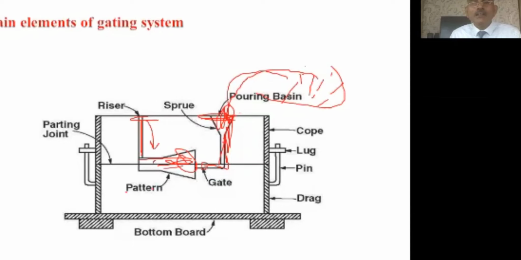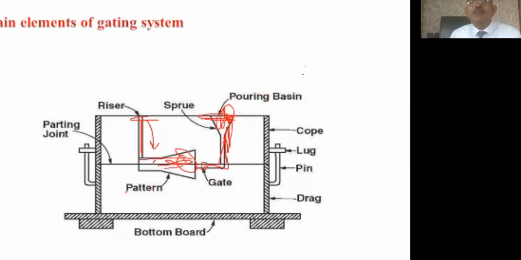All these elements combined together are called the gating system. And a proper gating system is to be designed to ensure a sound casting. These gate ratios are important, because if the gate ratio is not properly followed, the metal will not flow properly.